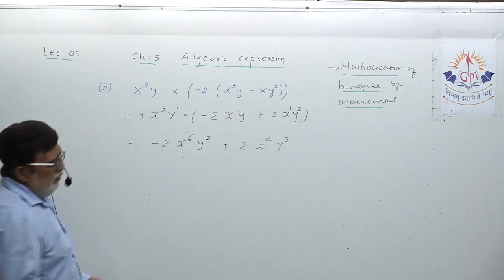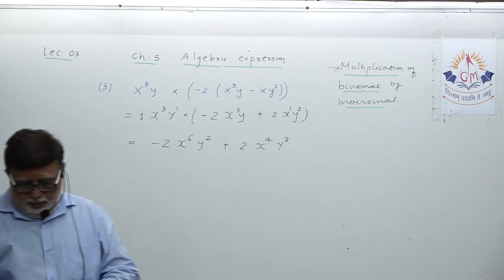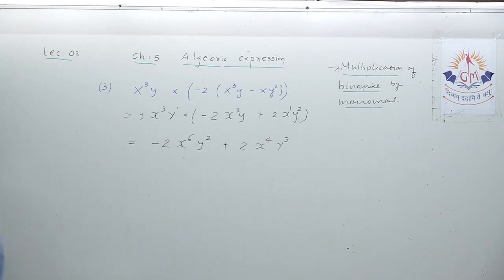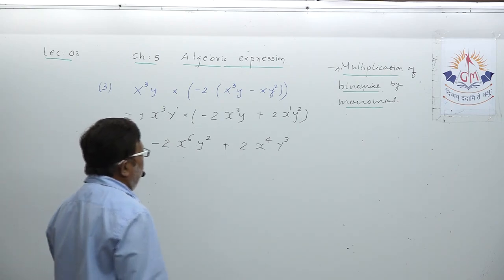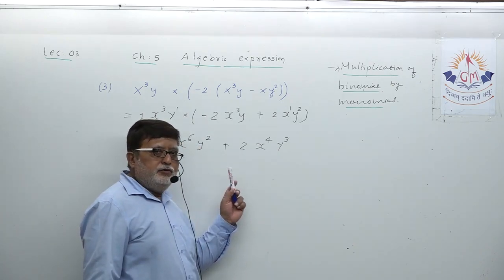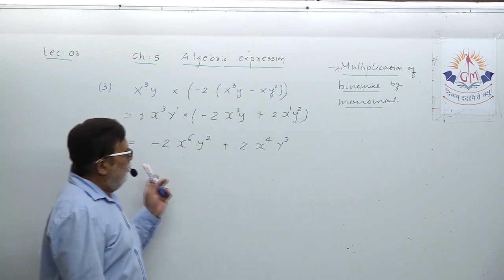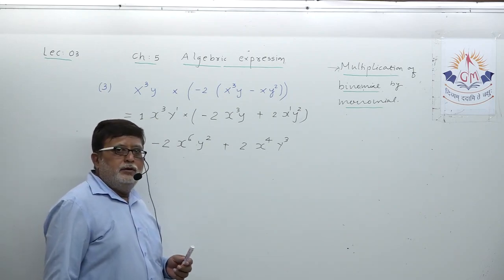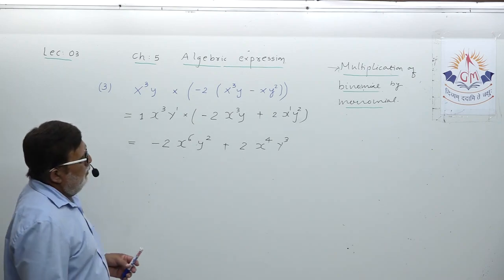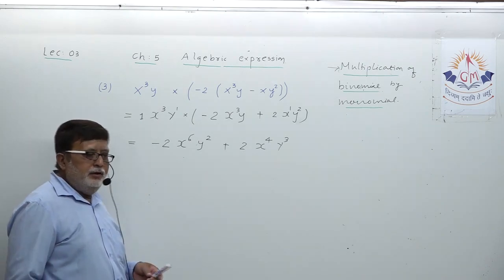The multiplication is over. Before we move to another example, please be conscious and be watchful and verify how we have multiplied these two, one binomial and one monomial. Okay. Is it clear in your mind?